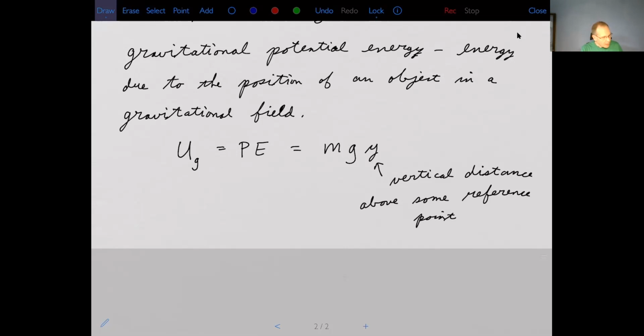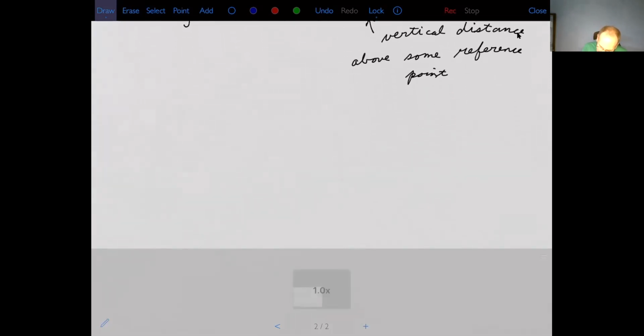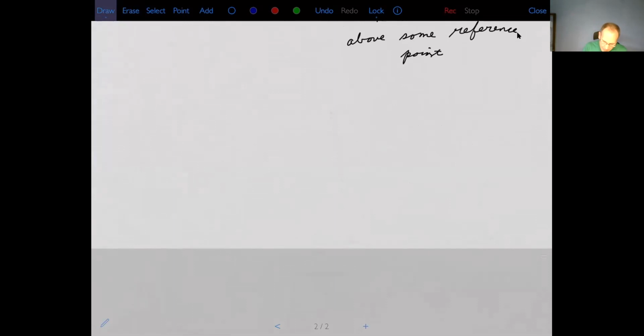Okay, so now what I want to do is explain the work energy theorem, but I want to do it in the most general way possible. So let me write this out. Think of this as the general work energy theorem.